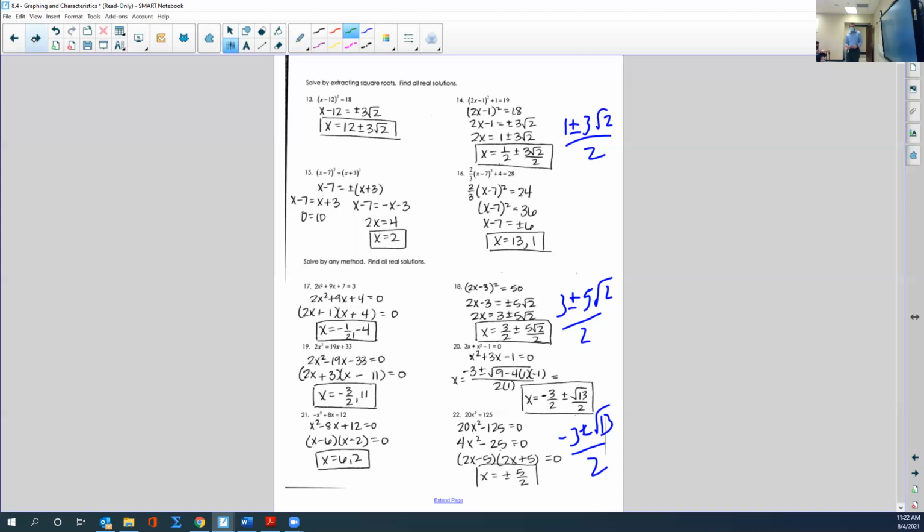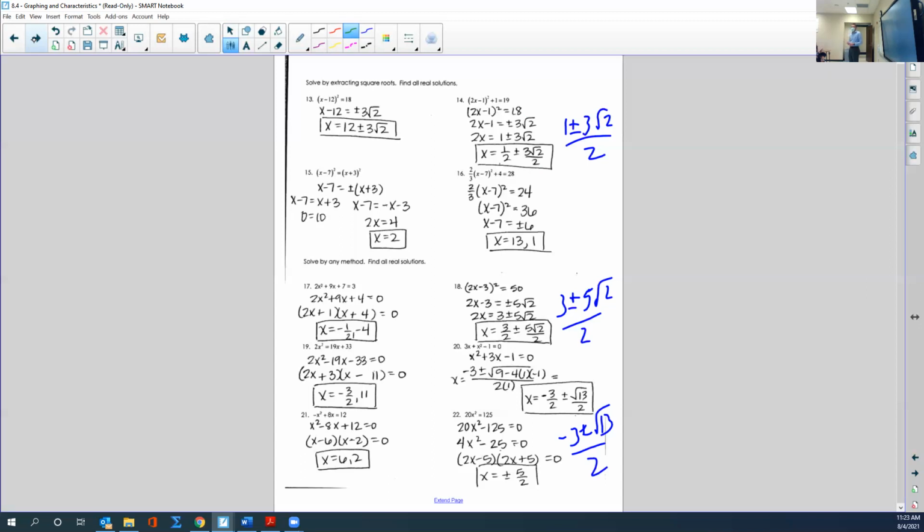And then 22, you can factor, use the quadratic formula, complete the square, but know that the b value is 0, or you can square root. Do all four. Square root or factor is the easiest for that one. If you can square root or factor, you should do that. If not, then go to the quadratic formula.